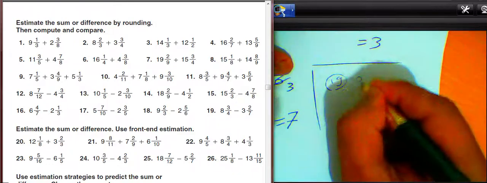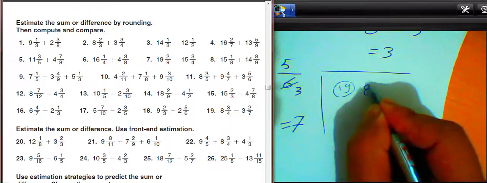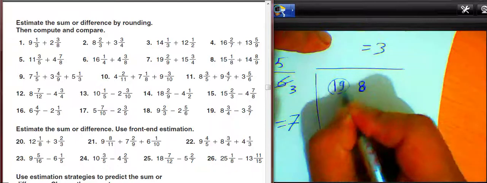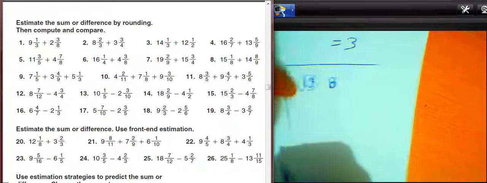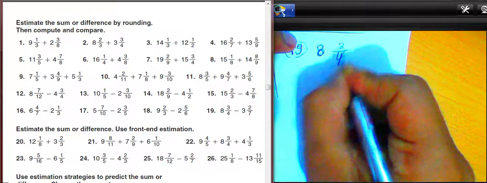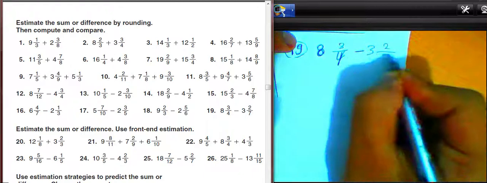Question 19. 8 and 3 over 4 subtract 3 and 2 over 7.